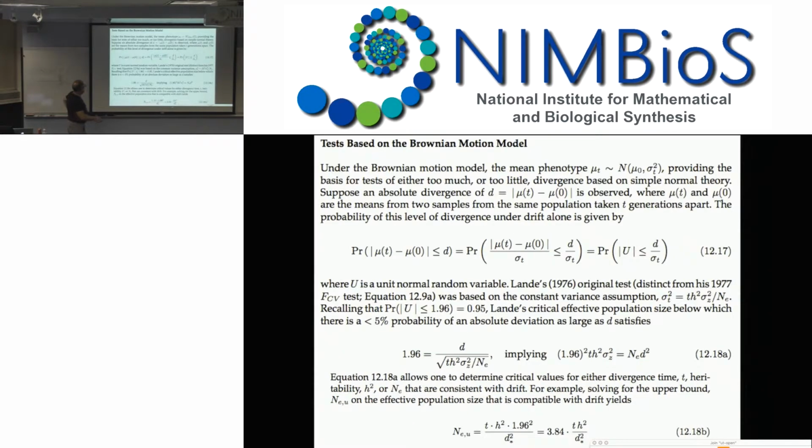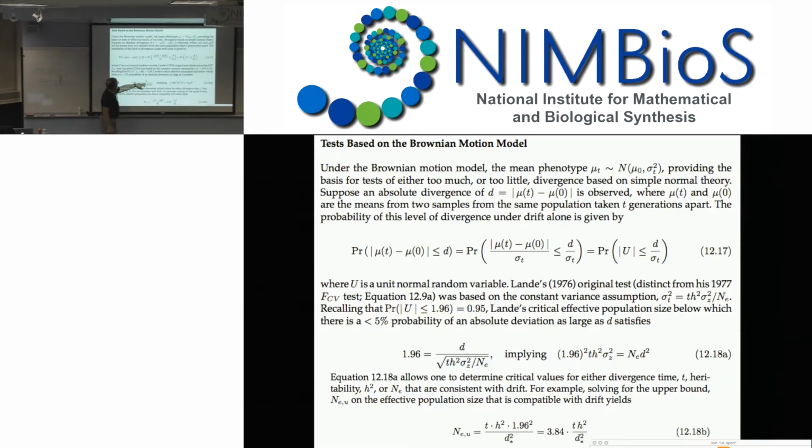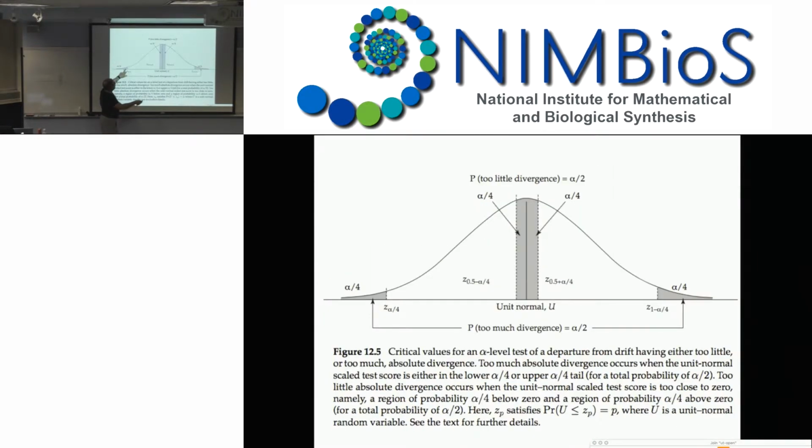It turns out that this value here, if you think about it, is probably a little bit off. This is a one-tailed value. And what Landy was assuming, this is an argument that Turelli made in that paper, Landy was assuming you had too much divergence. Since I take the absolute value of D, too much divergence basically means that these tails here together are alpha over 2 and alpha over 2.